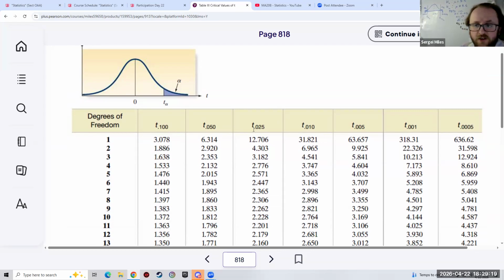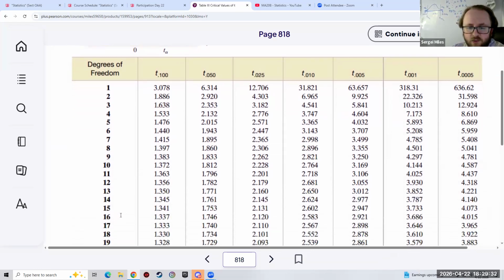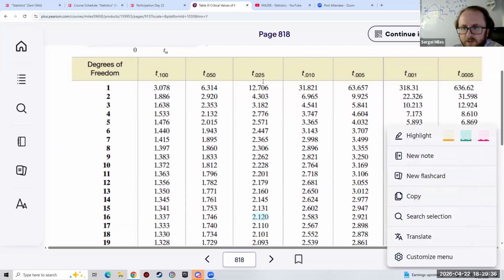So for this question, I'm looking for the t where the subscript is 0.025. So I'm looking in this third column. And then with the degrees of freedom for 16, I'm looking in the 16 row, and then in the column for 0.025. And so degrees of freedom 16, my subscript is 0.025. Our t is 2.12.